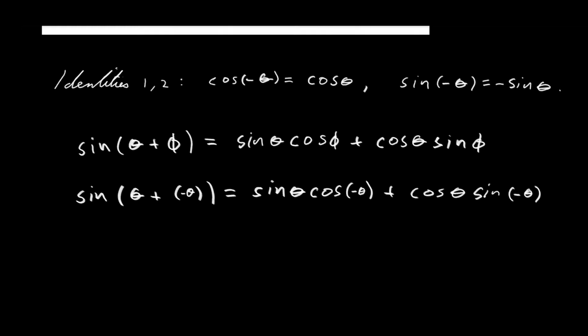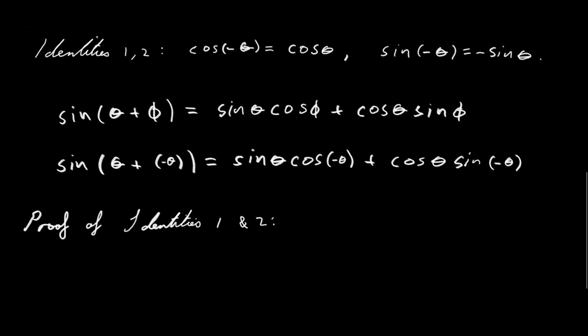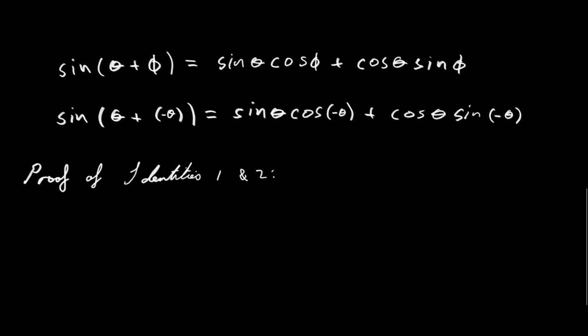Okay, so proof. I'll start the proof now. Proof of identities 1 and 2. We're proving that cosine is an even function and that sine is an odd function.